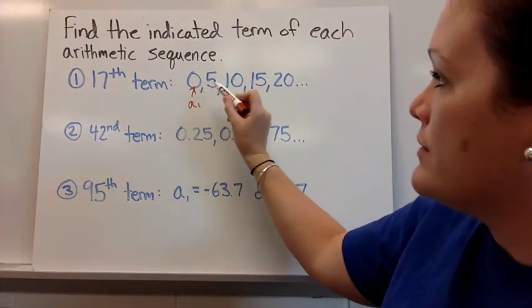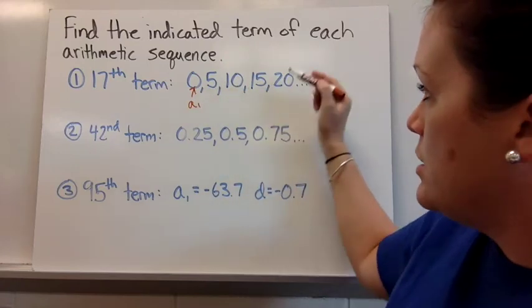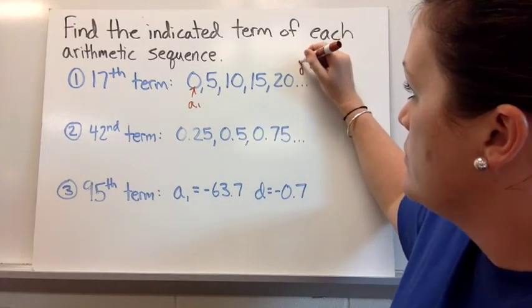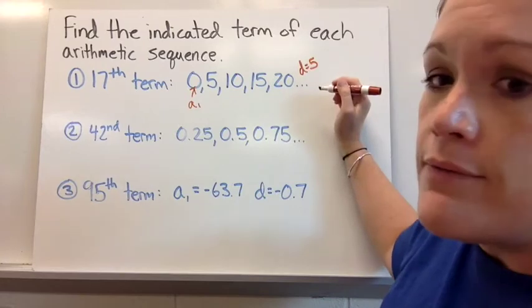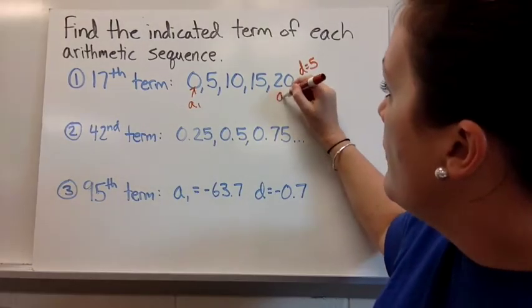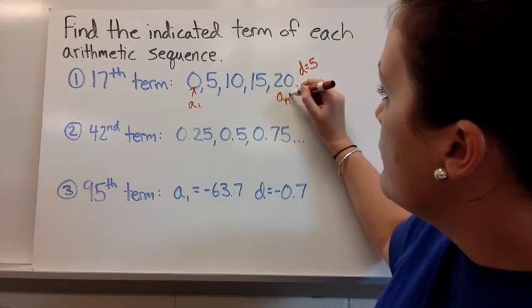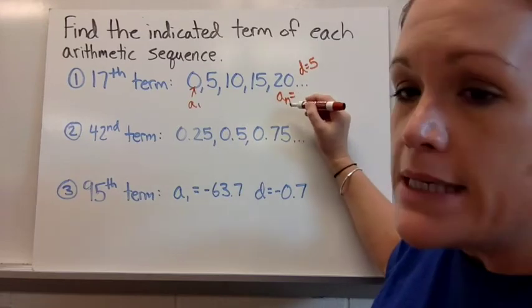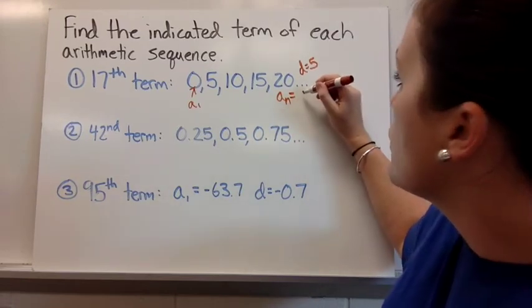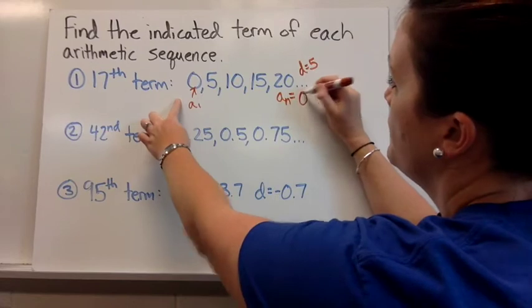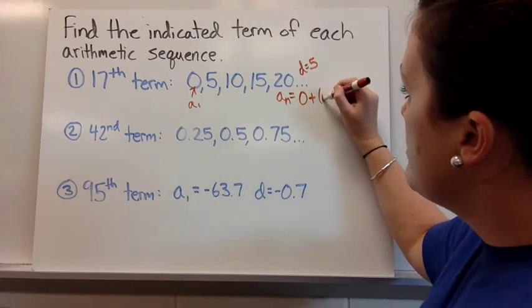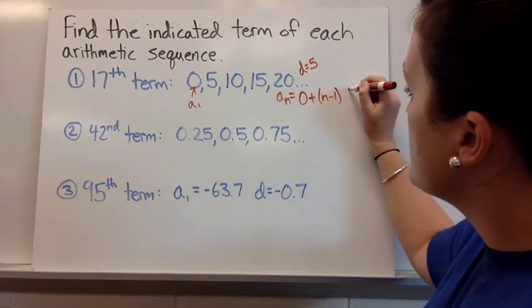My common difference looks like it's increasing by 5. So d equals 5. So to write out my explicit formula, any term in my sequence would be the first term, which is 0, plus n minus 1 times that common difference of 5.